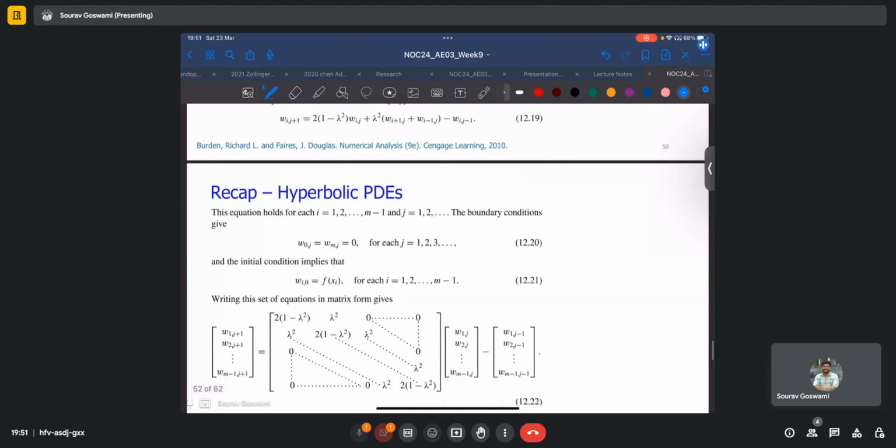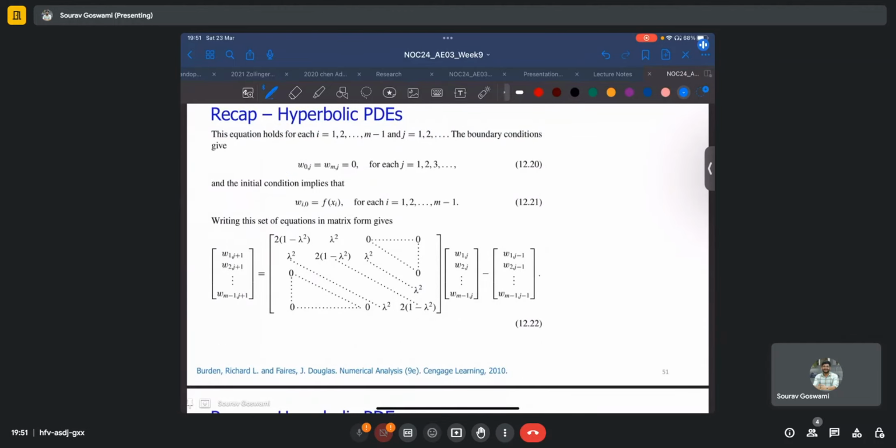We incorporate the boundary conditions into this formulation as well as the initial conditions, and rewrite it in matrix form. This will take the form given in 12.22. So at the j plus 1th time step, for each of the nodes w1, w2, w3 up to wm minus 1, we can obtain the information in terms of the two preceding time steps: some matrix multiplied by the information at the jth time step, so w1j, w2j, up to wm minus 1,j, and also information from the j minus 1th time step.